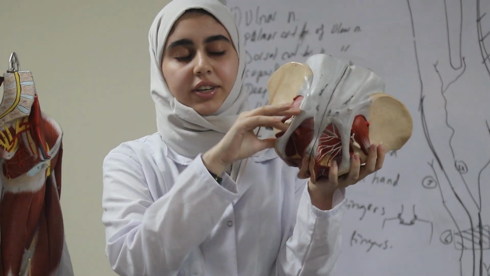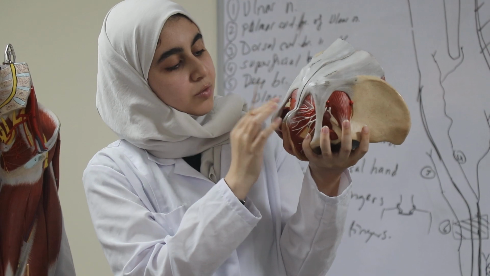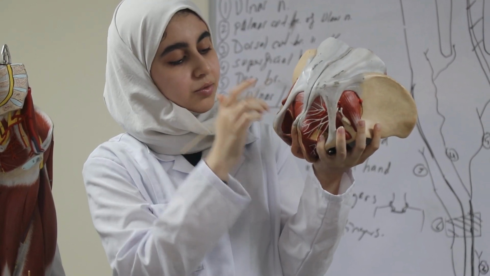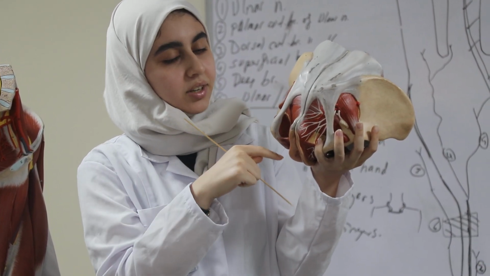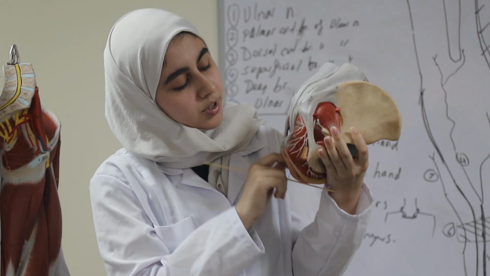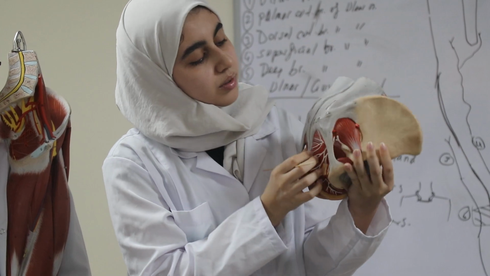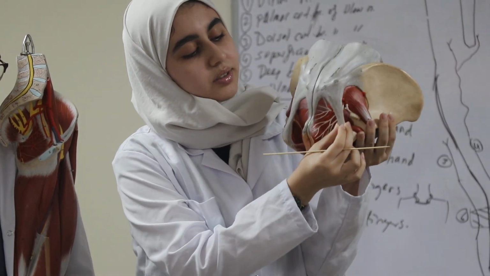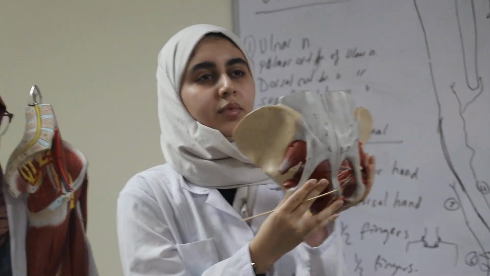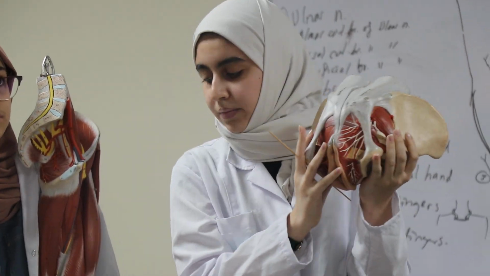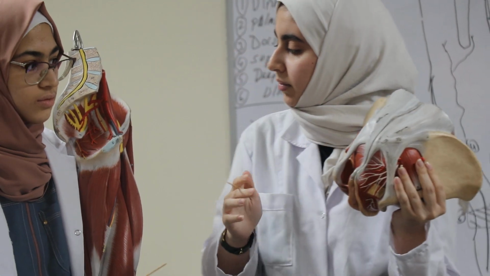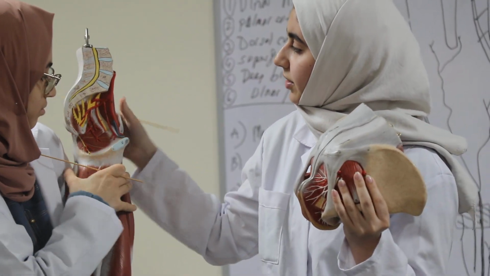Basically, they enter the greater sciatic foramen, and some, as exceptions, could exit and then re-enter through the lesser sciatic foramen. Yes, this one. The greater and then the lesser one here. So can you show the greater sciatic foramen?